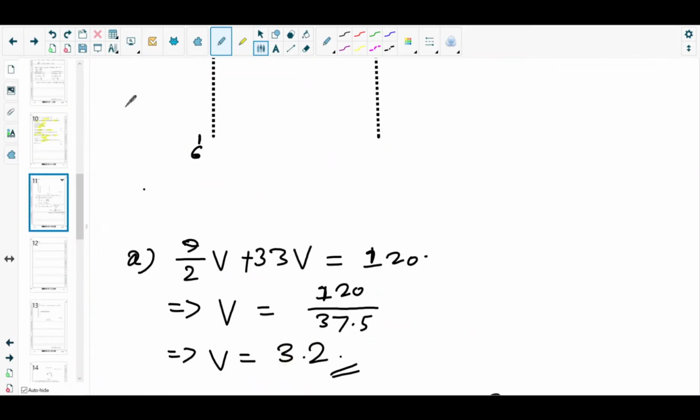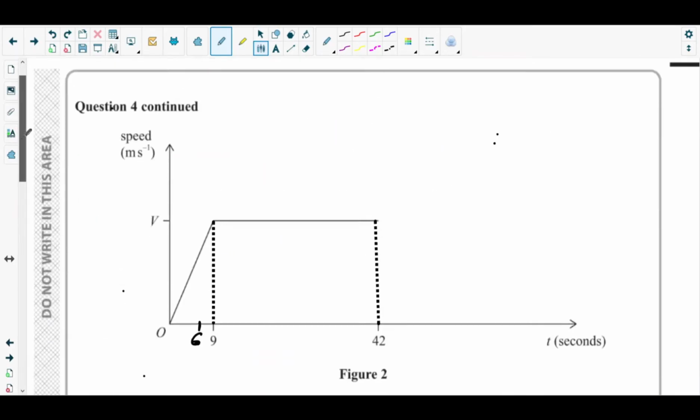She accelerates, so it shouldn't be a dotted line, it should be a solid line. It starts from there and will be accelerating. Will it be parallel or steeper?